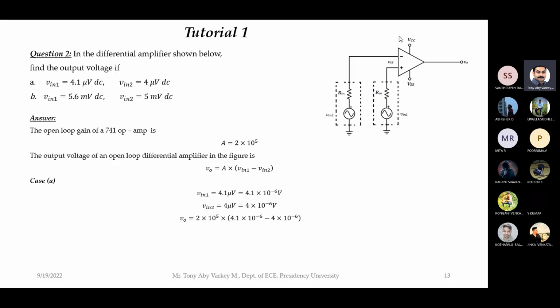4.1 minus 4, that is 0.1 into 10 power minus 6 into 2 into 10 power 5.